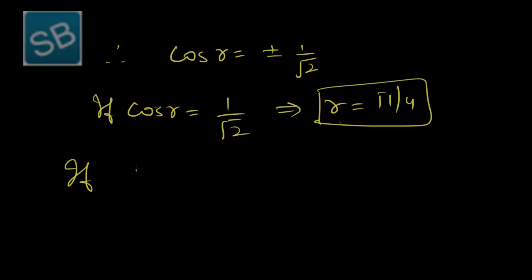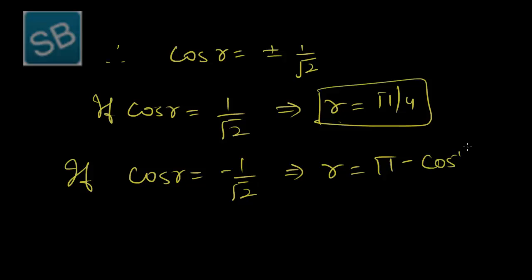And if cos gamma is equal to minus 1 by √2, that gives gamma is equal to pi minus cos inverse 1 by √2, that is pi minus pi by 4, that is 3 pi by 4. That is the angle made by the positive direction of the z-axis with the vector x. So these are the two angles which the z-axis makes with the vector x. So these are the problems which are based on direction cosine and direction angle of a vector.